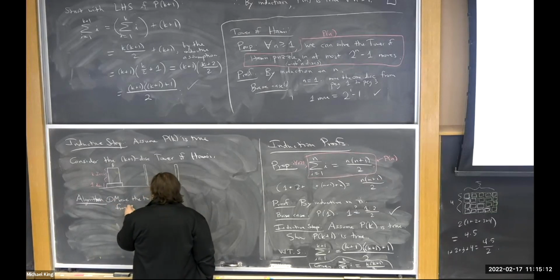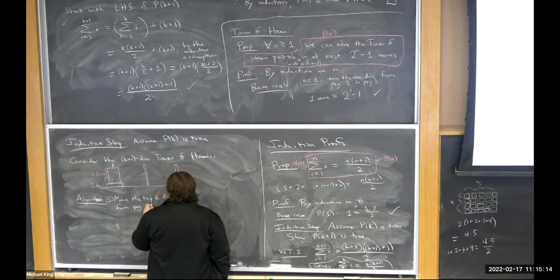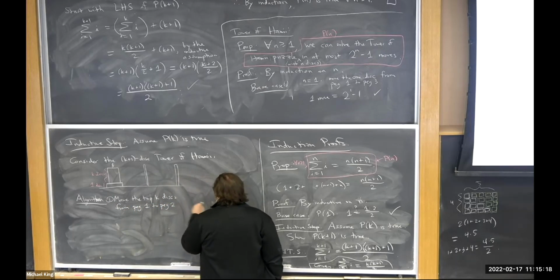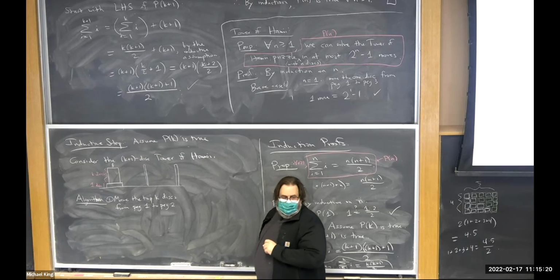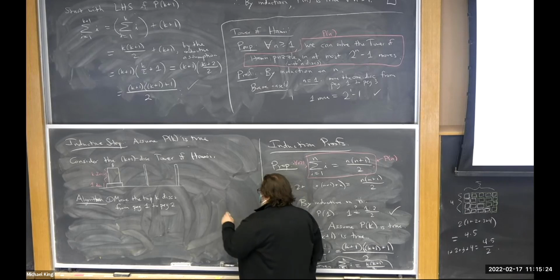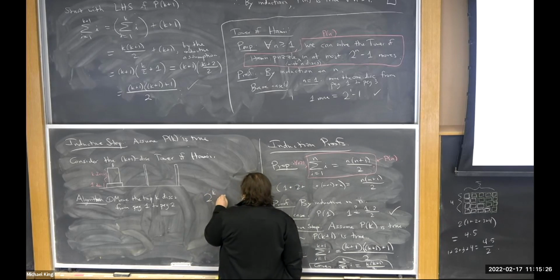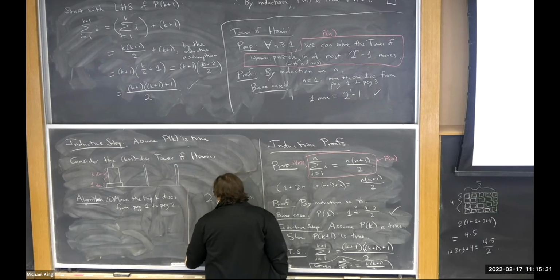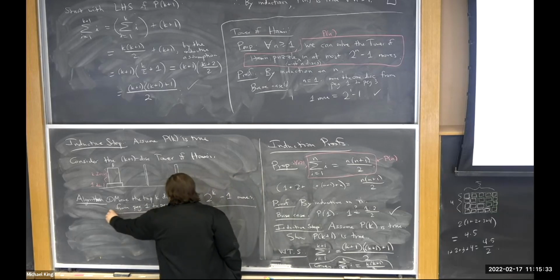Step 1: move the top k disks, from, what did you guys tell me, from peg 1 to peg 2? And this is really P of k, so this takes 2 to the k minus 1 moves, right?